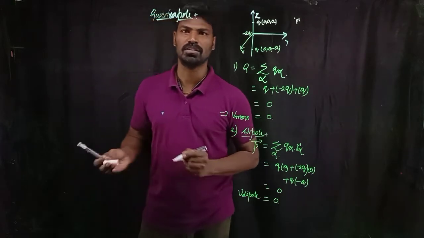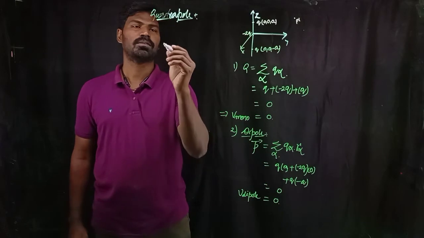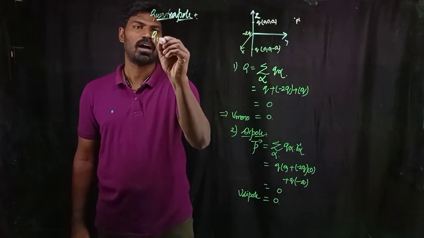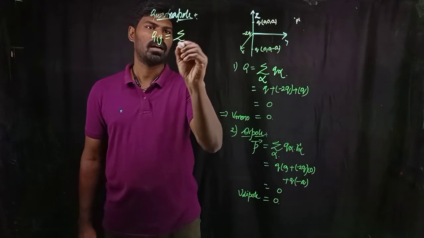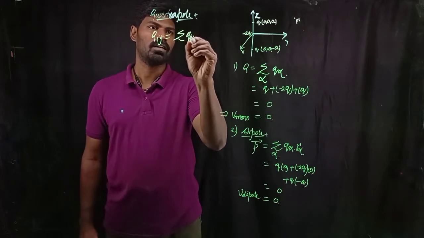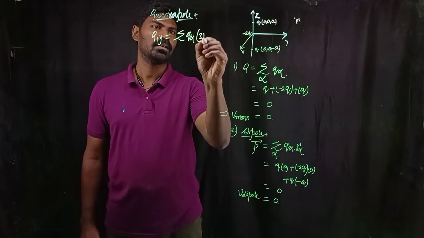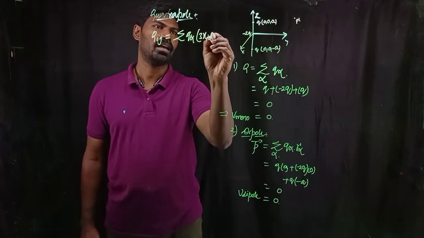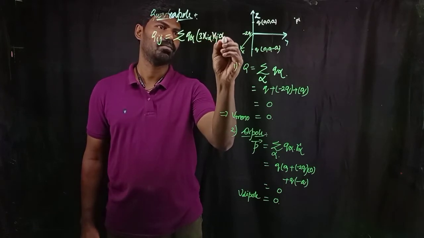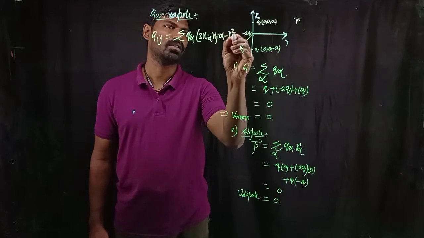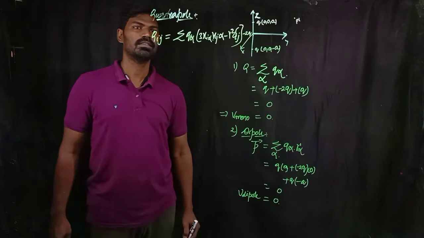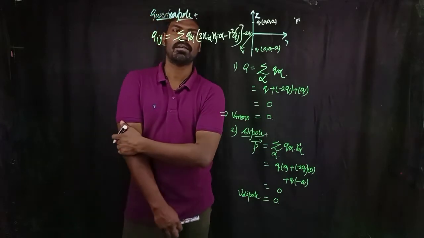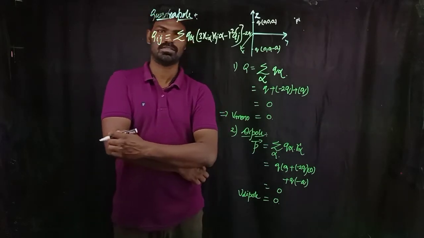For a discrete charge system, the expression for the quadrupole moment is Q ij equal to the summation over alpha of q alpha into 3 x i alpha x j alpha minus r squared into delta ij. This is the definition of the quadrupole moment for a discrete charge system.